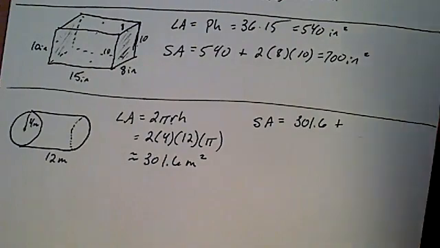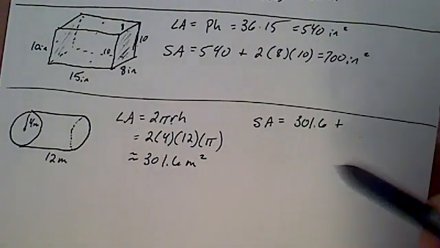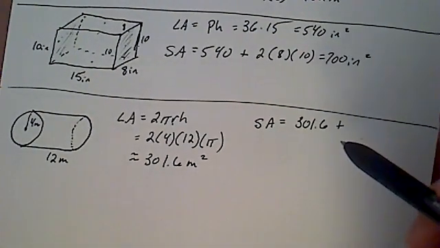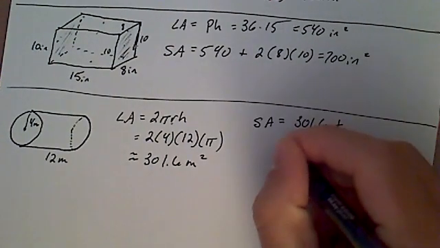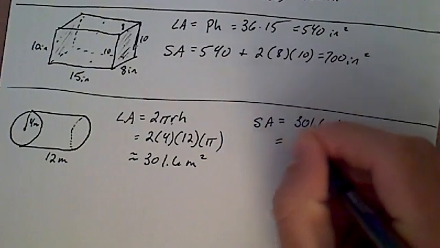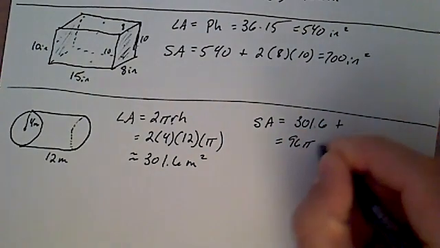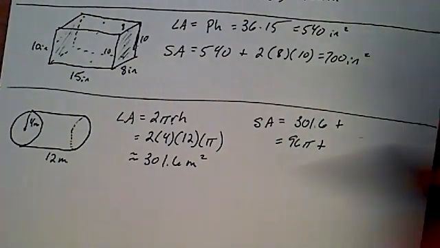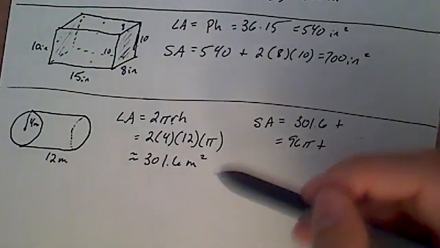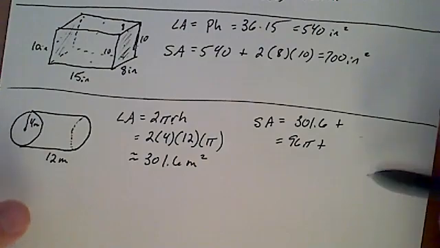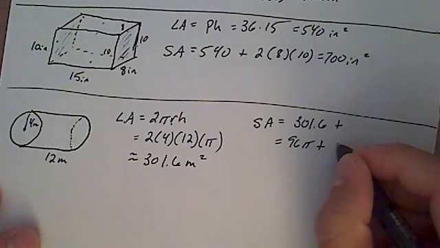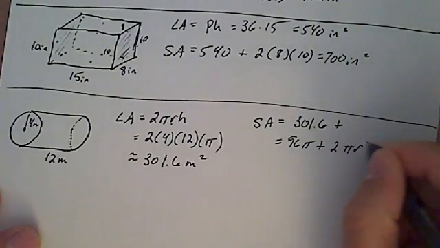Now, depending on how careful we want to be, we might go back and use 96 pi here. Typically that's what I would actually do. The reason is just so that we're not rounding twice, with this pi and this other thing that we're going to use over here, which is 2 pi r squared.